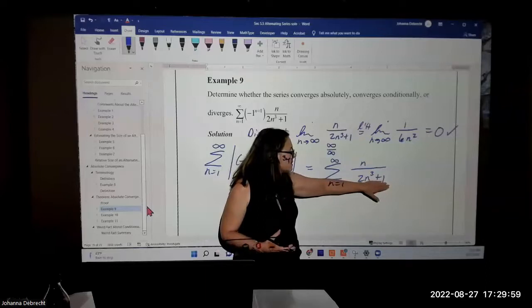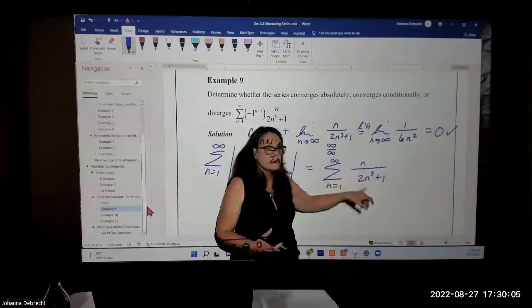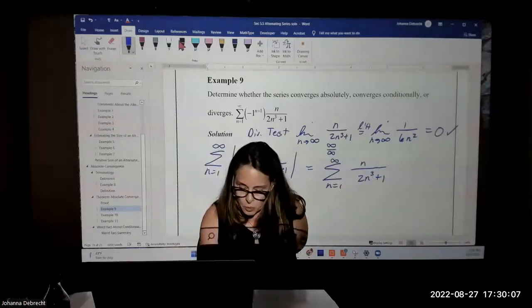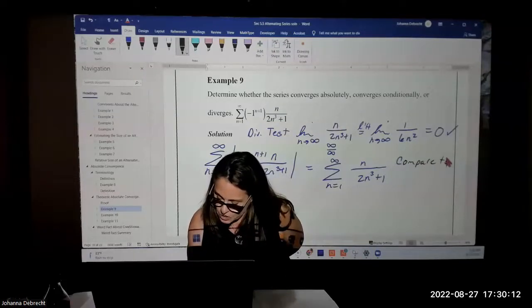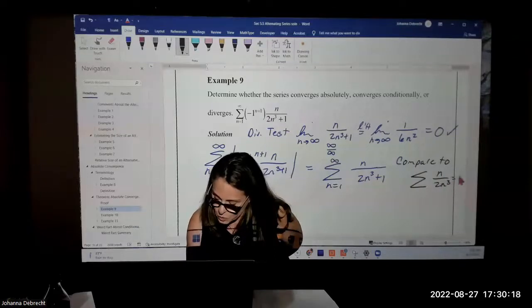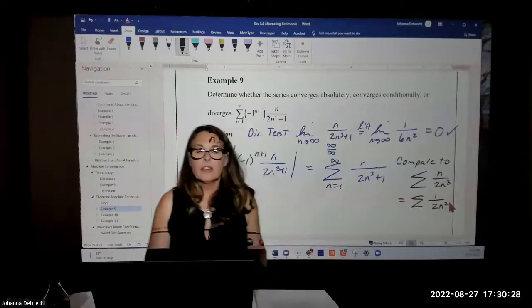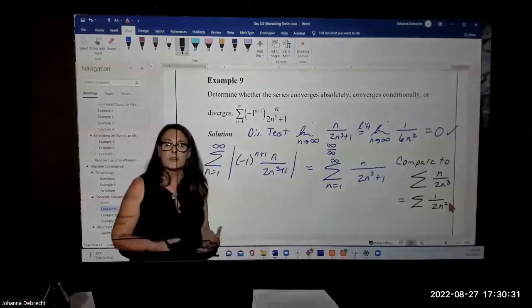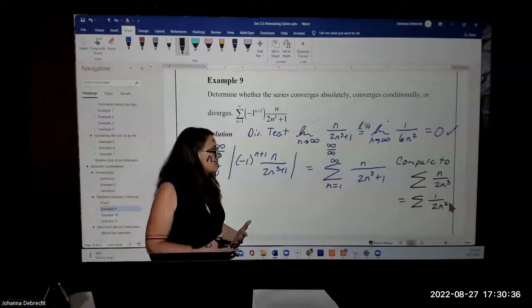And so we ignore the +1 and we are going to compare it to a series where the summand is n over 2n cubed, which of course gives me 1 over 2n squared. So let me write that down below. This would be the series 1 over 2n squared. Now I could probably also compare it to the series 1 over n squared, which of course is a convergent p series, and this is a p series as well.